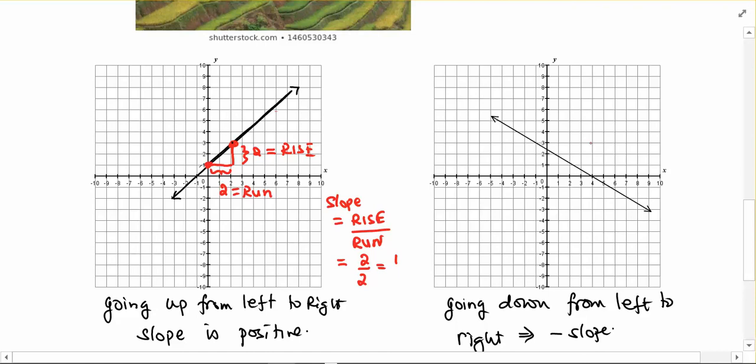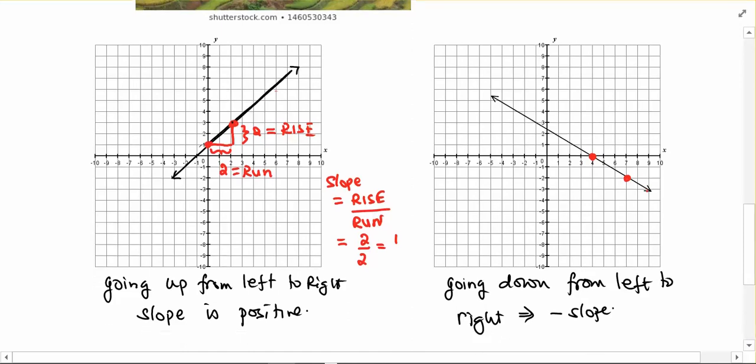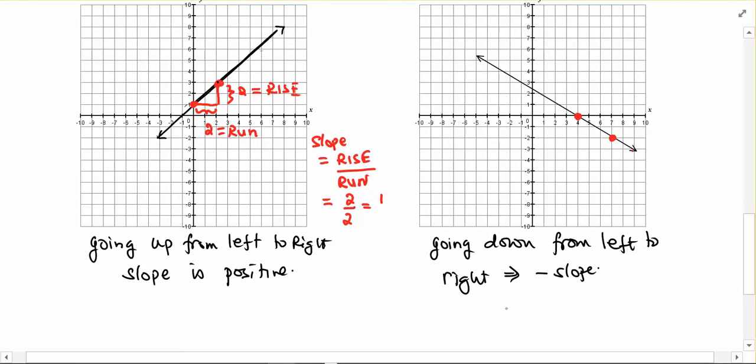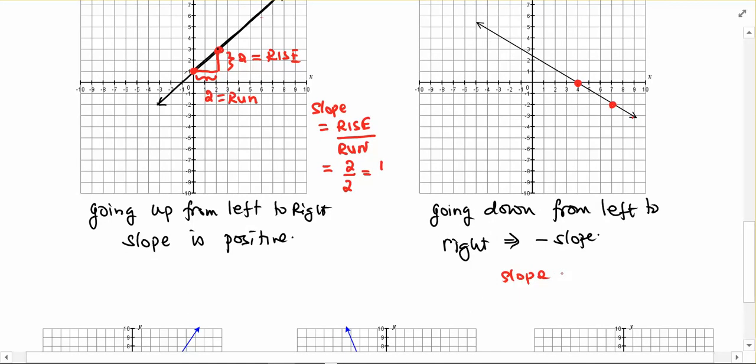So does the same thing work for this problem? Here's the problem with drawing lines. You need to do this nicely from a picture, you need two things that cross nicely at nice coordinates. So I'm going to pick those two up, right? And again, first of all, I know this is going to have a negative slope. So the slope for this line I know is going to be negative.